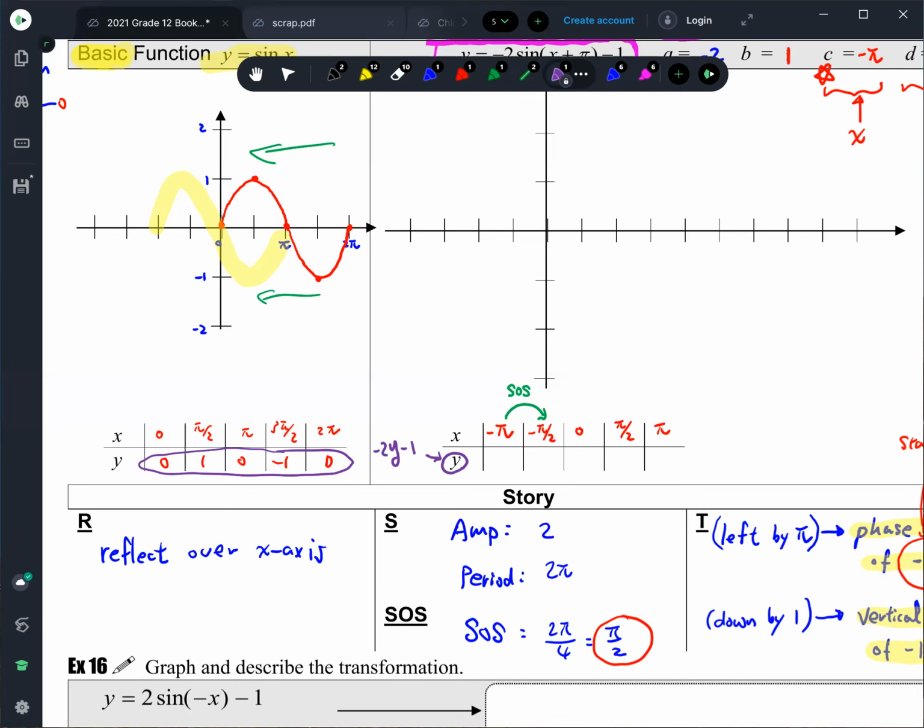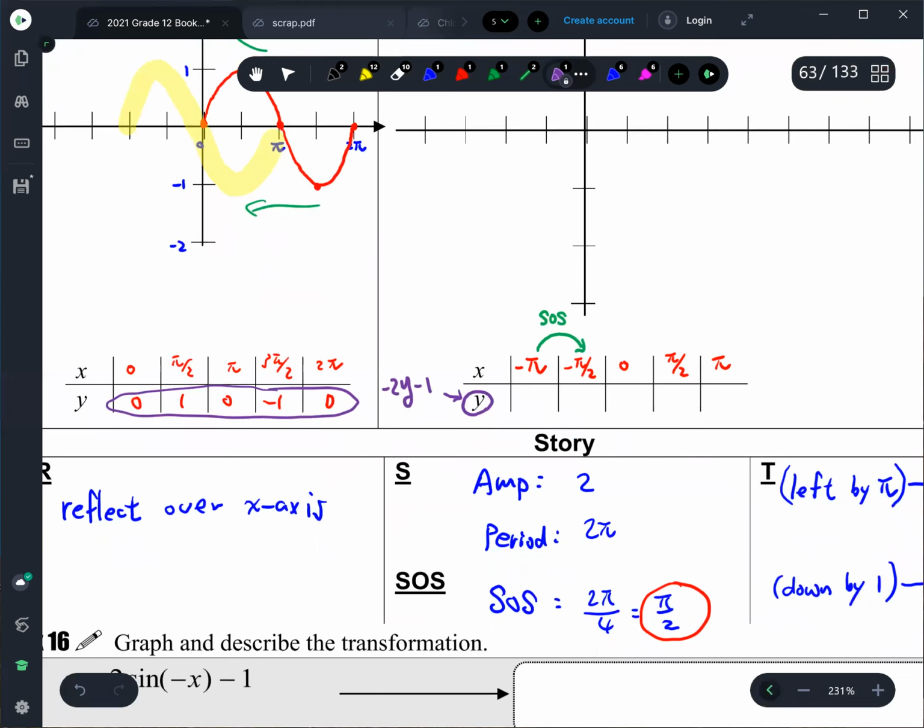So you take each of the single basic points and do that. For example, the first one, 0 times negative 2 is still 0, minus 1 will be negative 1. Then the next one used to be 1, times negative 2 will be negative 2, negative 2 minus 1, negative 3. I'll let you complete the other 3 points and then you can raise your hand or check the other 3. Let me know if you're confused about what to do here.